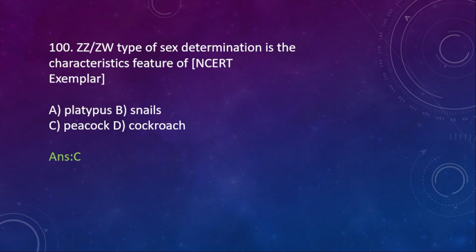These are the 100 questions for today's discussion. One of the largest and very logical chapters, I can say. So, alright students, with this we come to the end of principles of inheritance.